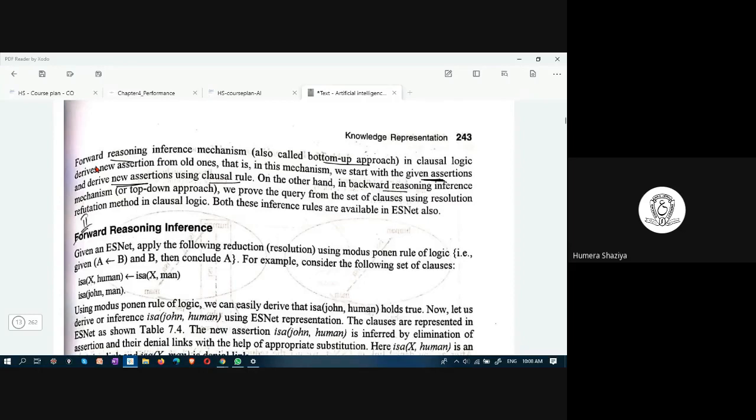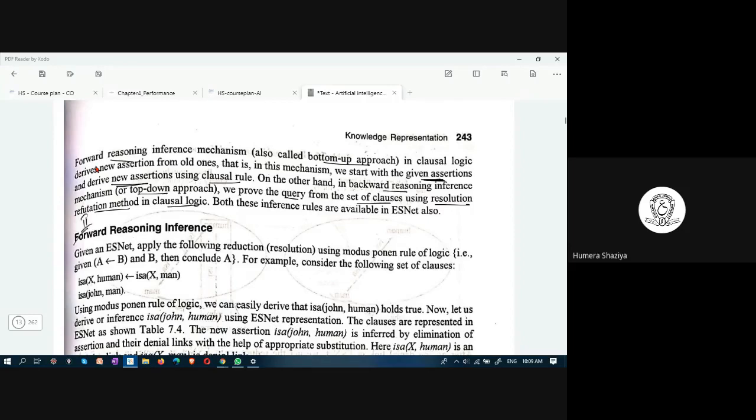And backward reasoning inference means it is top down approach. Top down approach is having a query which has to be proved from the set of clauses using resolution refutation method in clausal logic. This we all actually learned.